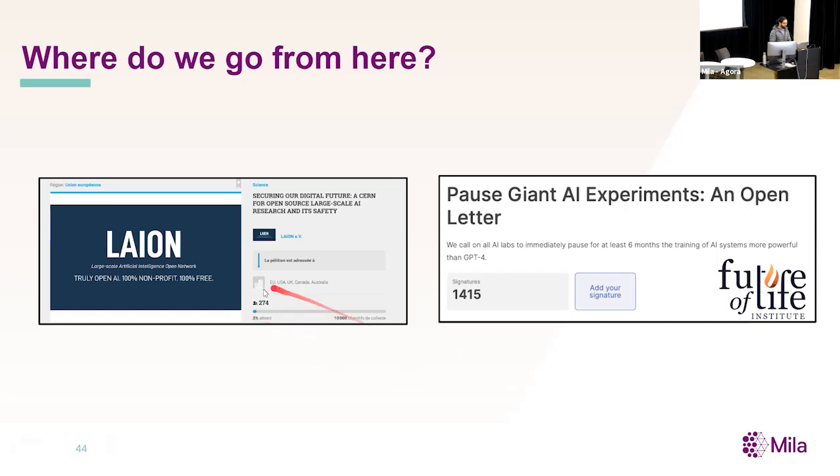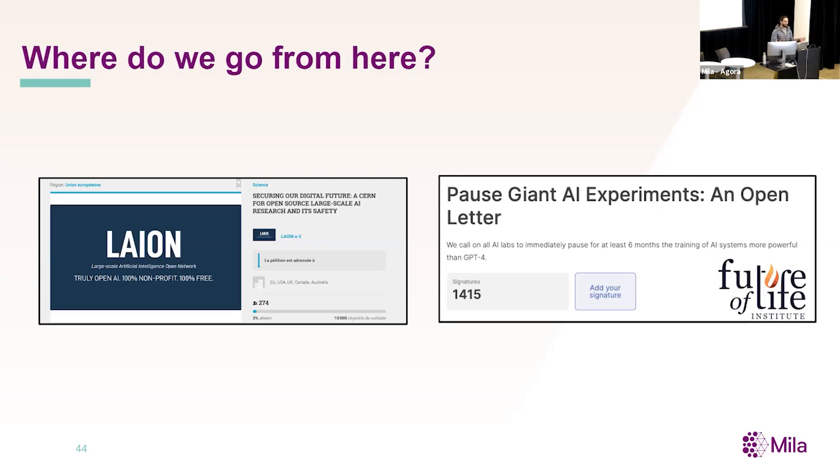There are also other petitions floating around, like this one from LAION, who've been doing some great work for many years on open research, where they say, instead of going the unrealistic route of pausing these experiments, maybe we should fund something like the LHC, but for deep learning models. So let's collaborate, all of these different nations that have all of this expertise, all of this money. Let's pool our resources together.